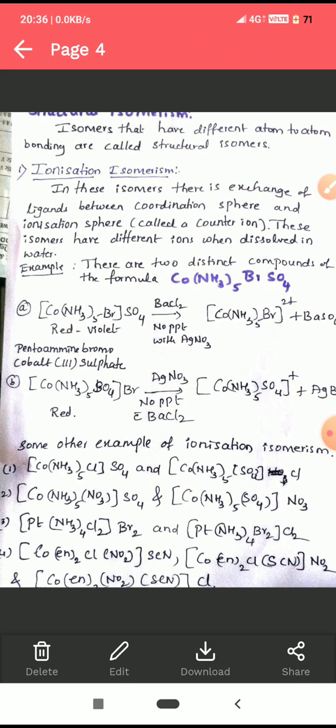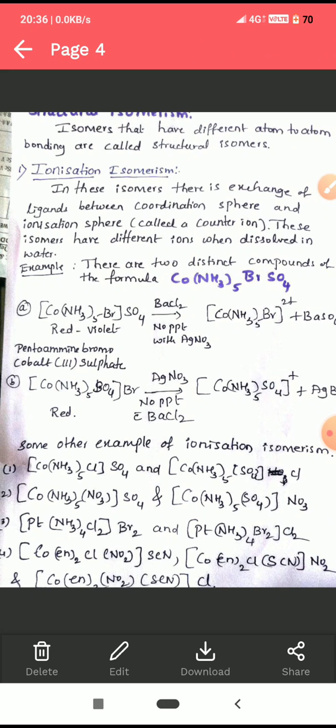First one is ionization isomers. The first type of structural isomerism is ionization isomers. Okay, the name itself indicates isomers which have the same molecular formula, but they have different ions. Then they are called as ionization isomers.